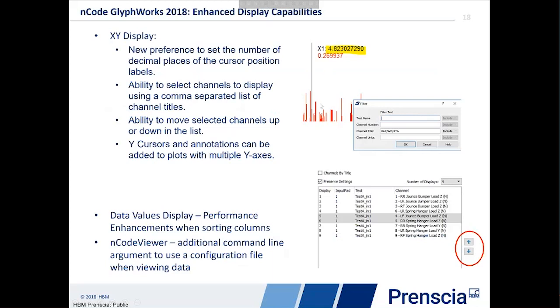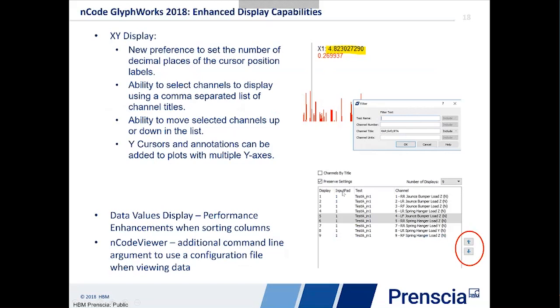Also, in terms of displaying multiple channels, if you have hundreds of channels, you may just want to display a very limited number of those channels, and instead of browsing through this endless list, you may just want to enter the channel titles like that, so you can do that now.